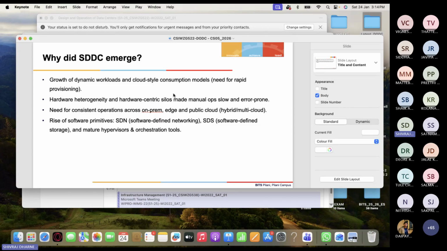There is a need for consistent operations across on premises, edge, or public cloud, everything hybrid or multi cloud. And there is the rise of software primitives like SDN, software defined networking, SDS, software defined storage, and mature hypervisors and orchestration tools, which are available now. So that should be used in SDDC.